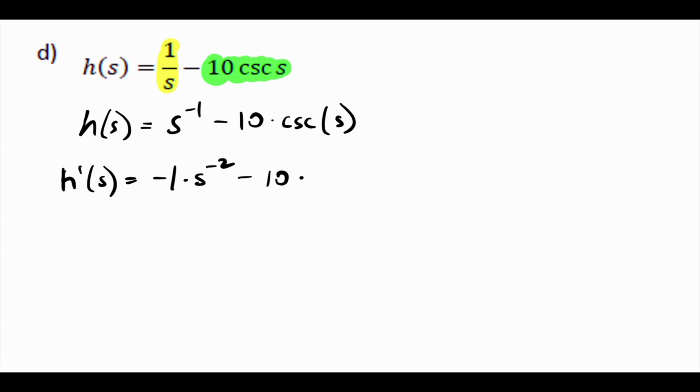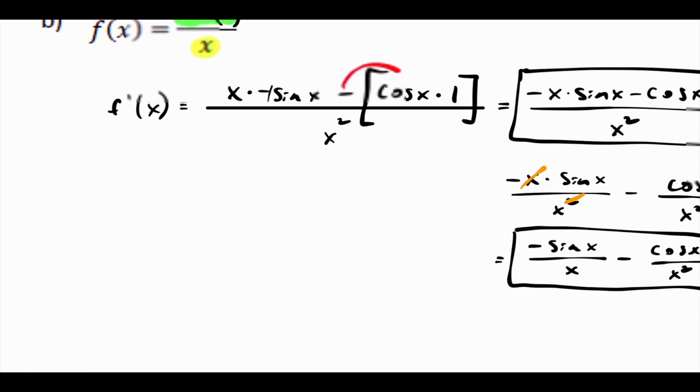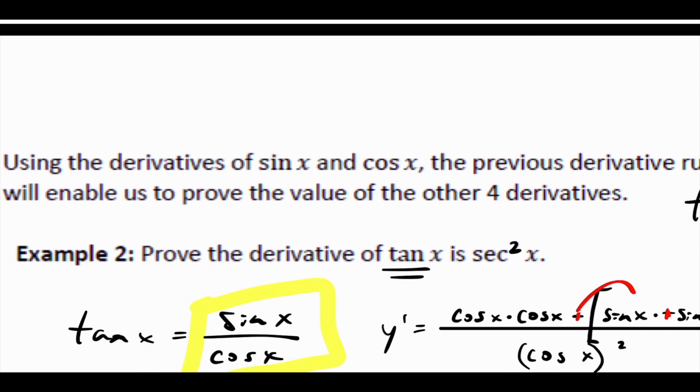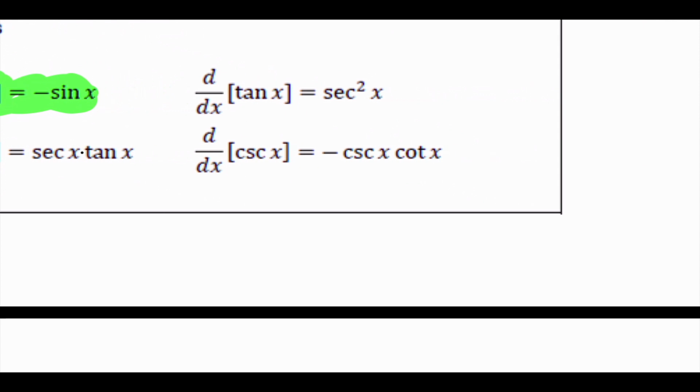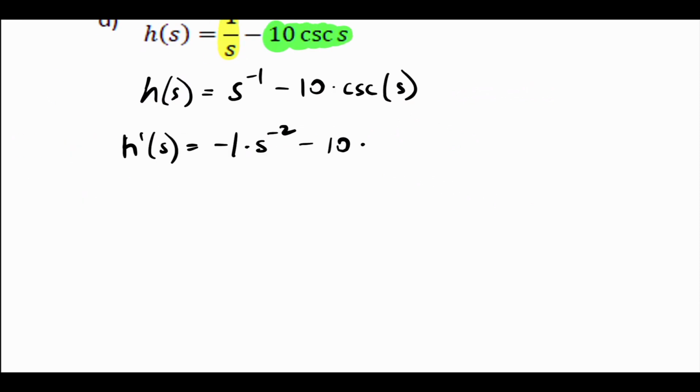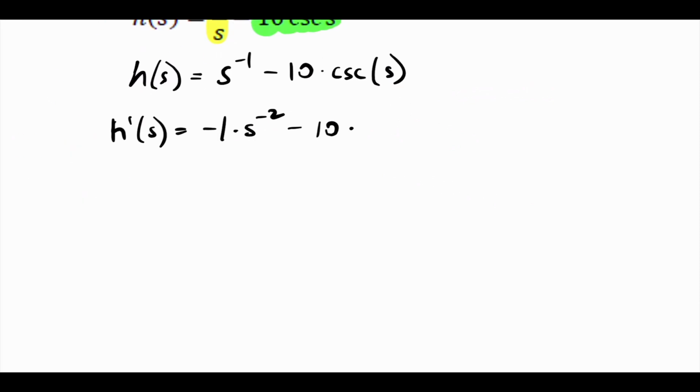So the derivative of cosecant is negative itself times cotangent. So negative itself times cotangent.